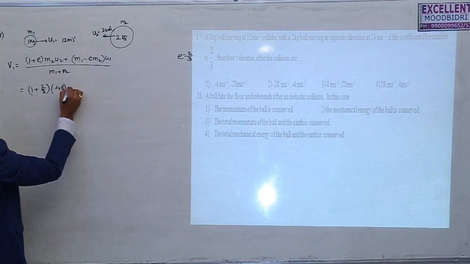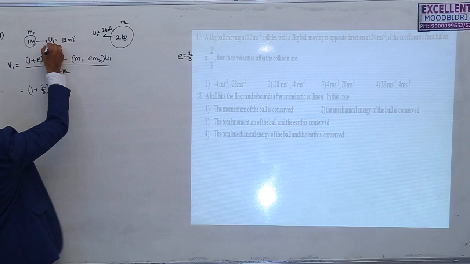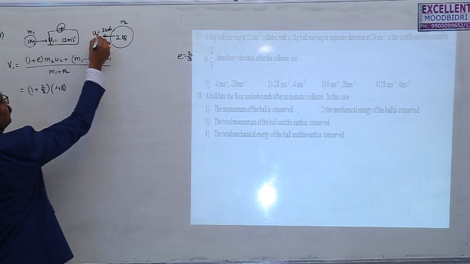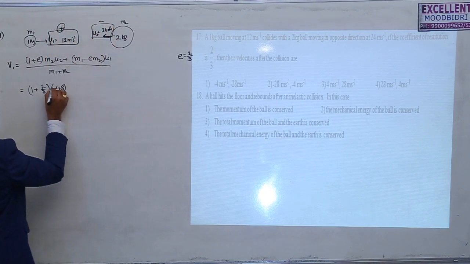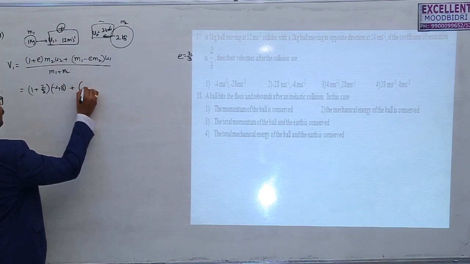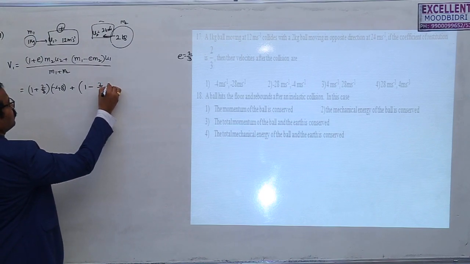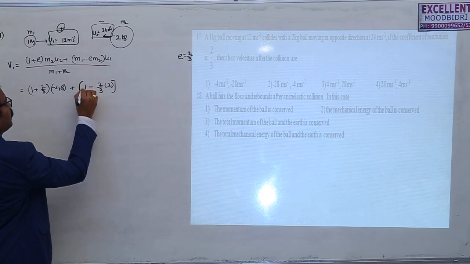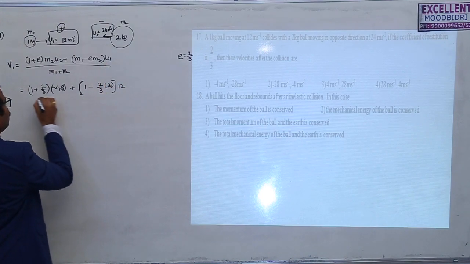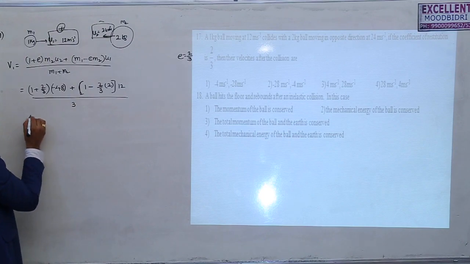So this is 48, but here this velocity is opposite to the initial velocity. If you consider this velocity as positive, this velocity should be considered as negative here. So I will get minus 48 plus m1 is equal to 1 kg, E is 2 by 3, m2 is equal to 2 kg, into u1 is equal to 12, divided by m1 plus m2, 1 plus 2, this is 3.